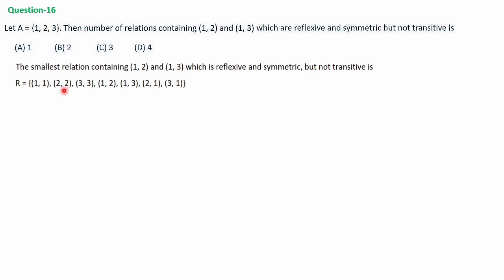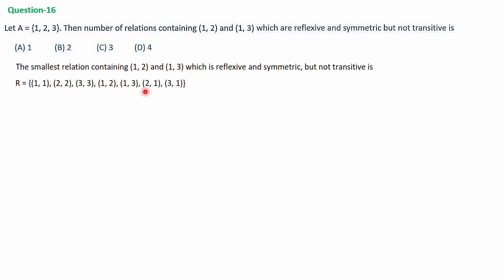So these three we have included because the relation must be reflexive. Next it should be symmetric and it should not be transitive. So we have included (1, 1), (2, 2), (3, 3). Then (1, 2) we have included, then (1, 3). Then (2, 1) and (3, 1). So these are the elements we have included.